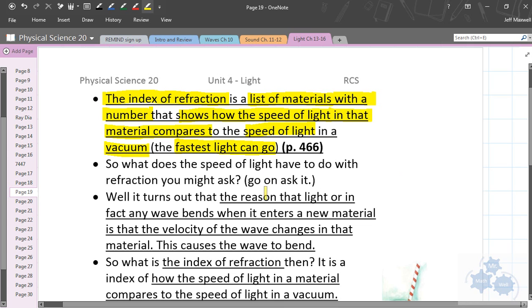Well, the reason that light, or in fact any wave, bends when it enters a new material is that the velocity of the wave changes in that material, and that's what I was just explaining.